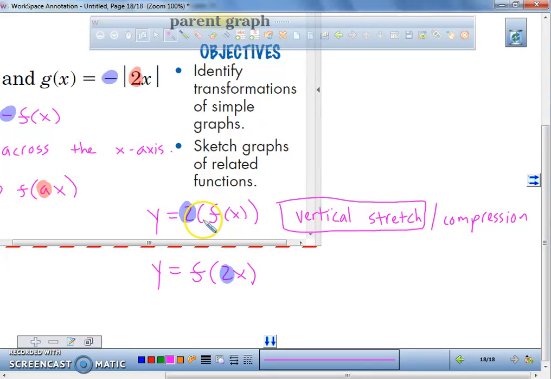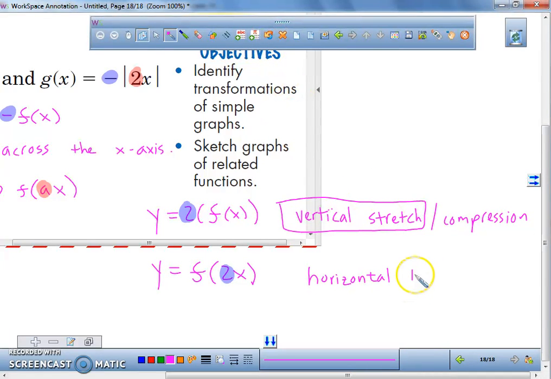Now, if this was 2x on the inside, you're not dealing with things vertical, you're dealing with things horizontal. This is a horizontal stretch or compression if it's on the inside.